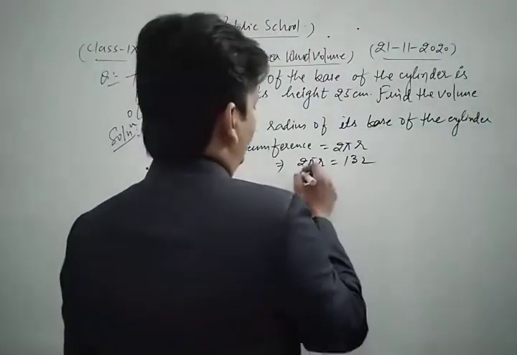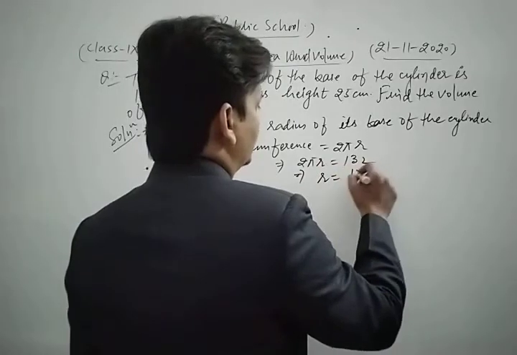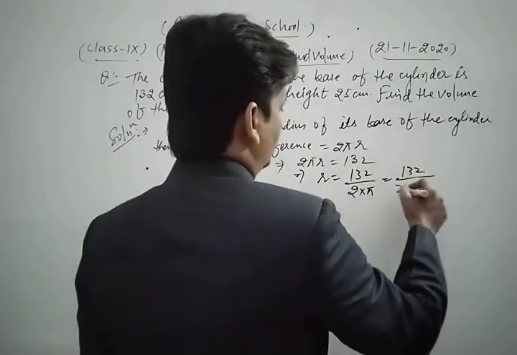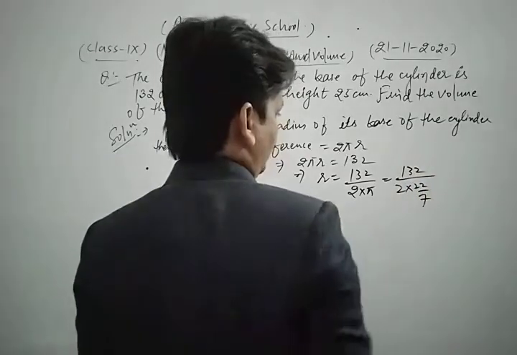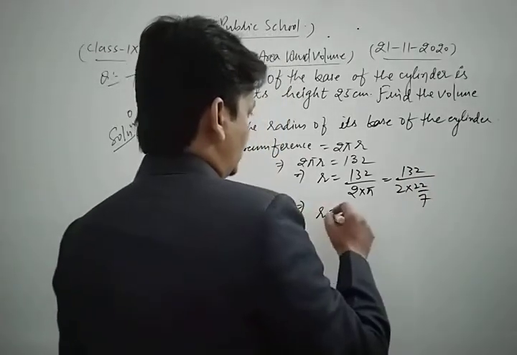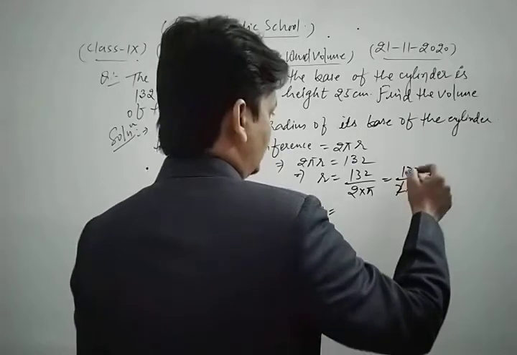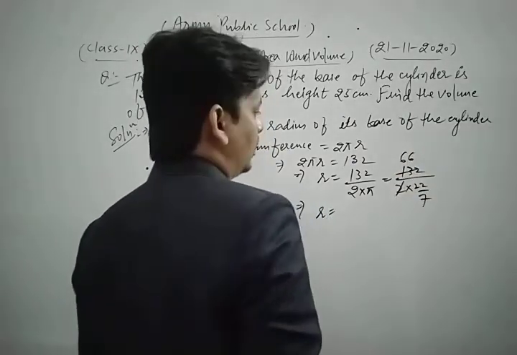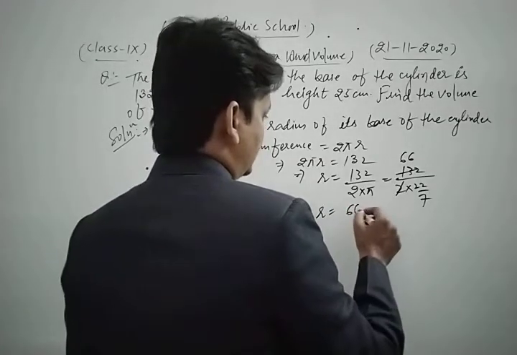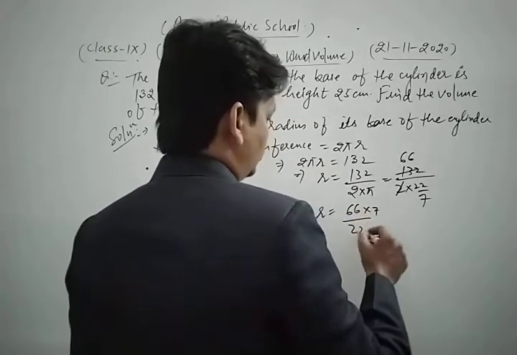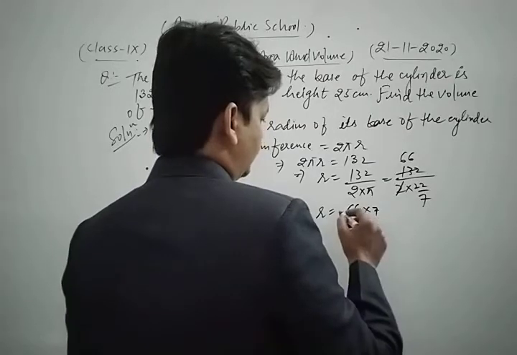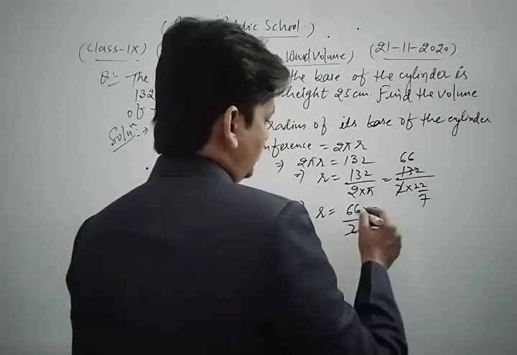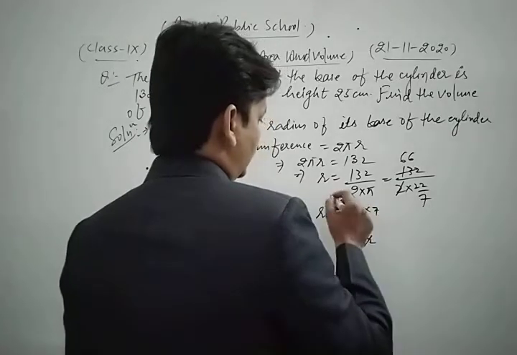So from there we get r is equal to 132 upon 2 into pi, which is 132 upon 2 into 22 upon 7. Now 2 6s are 12, so 66 into 7 upon 22. 11 2s are 22, 11 6s are 66, 3 7s are 21.